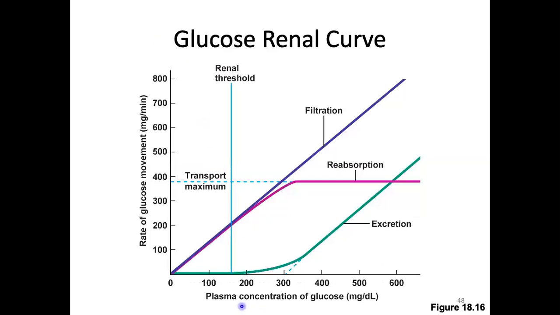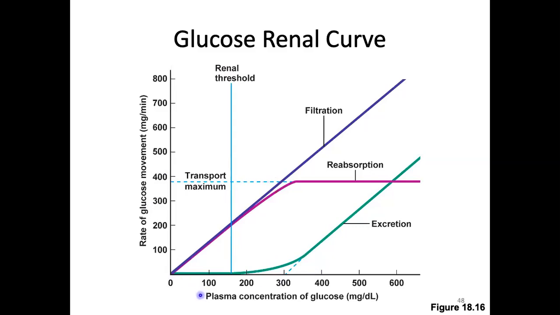This shows plasma concentration of glucose and rate of glucose movement in milligrams per minute. Notice that the filtration line slope doesn't change, right? So at 100 units of glucose, you're going to get about 100 milligrams per minute. 200 units of glucose, 300, 400.